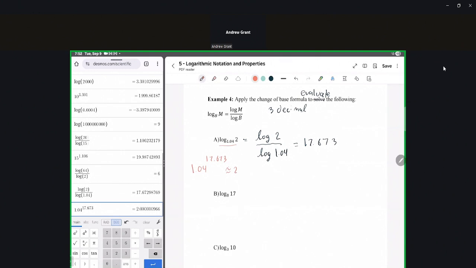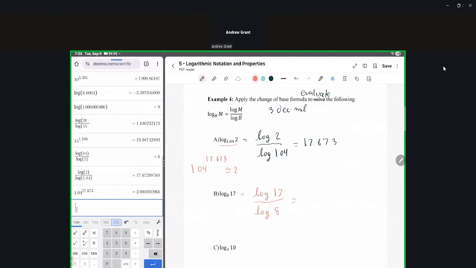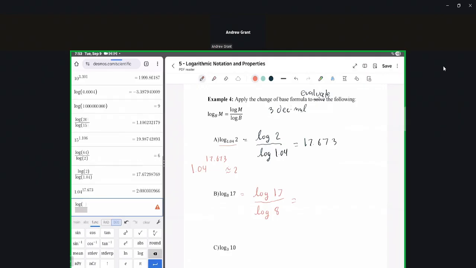So log base 8 of 17 is the same thing as log of 17 divided by log of 8. And so when you type this in, log of 17 divided by log of 8.